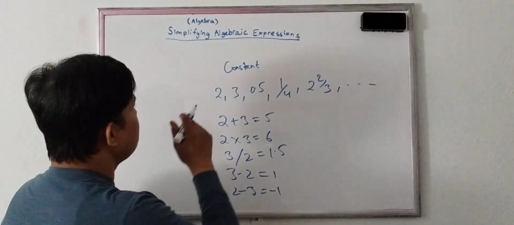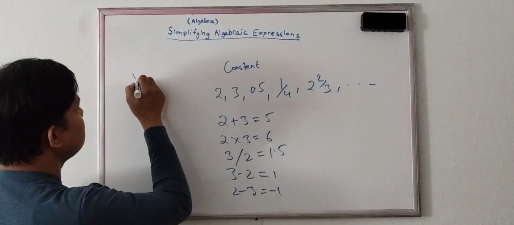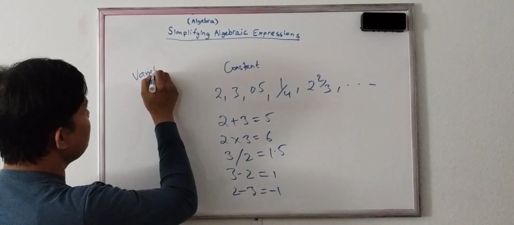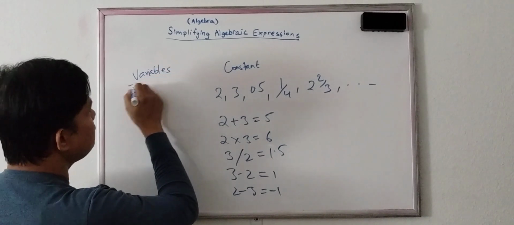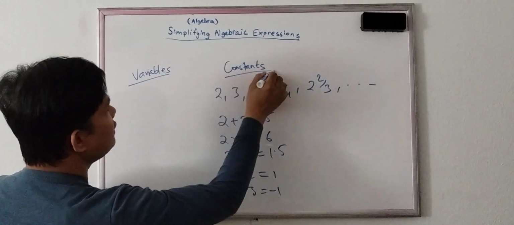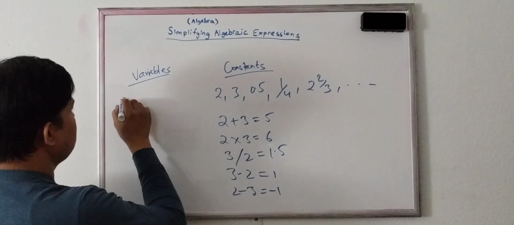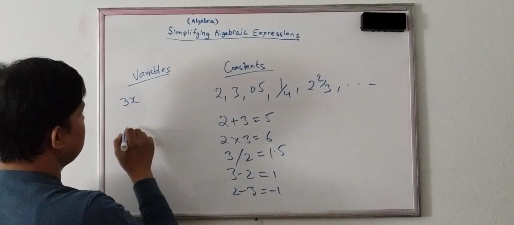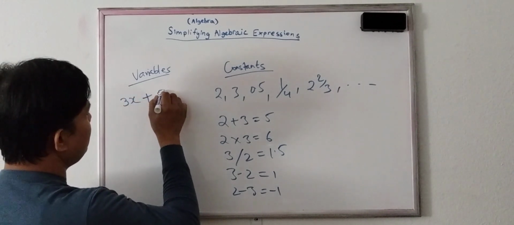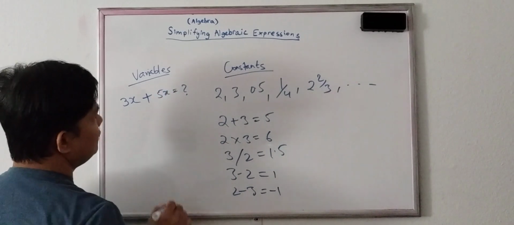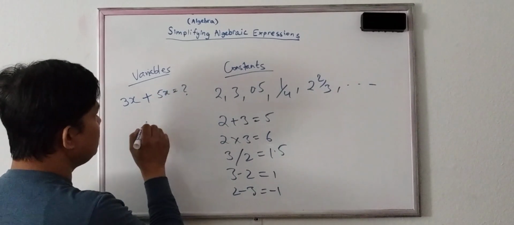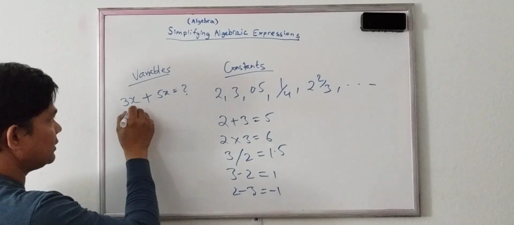Now today, let's say we have expressions with variables and constants, say 3x plus 5x. What is the answer? We don't know, because we did not learn, and you will say, what is this x?